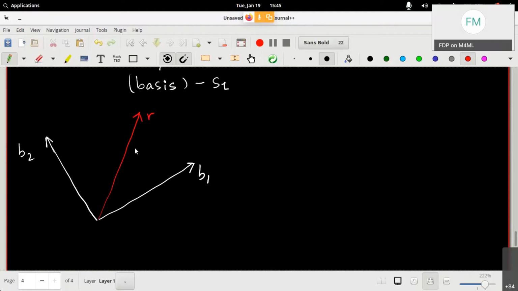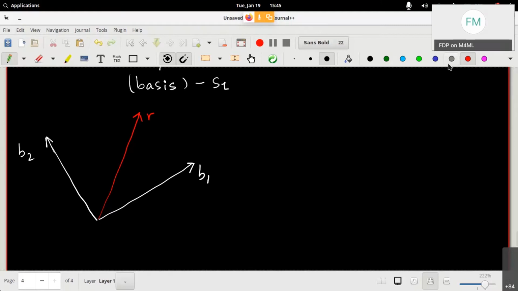Right? So now, how do I make sure that I can define R in terms of these two basis vectors, B1 and B2?